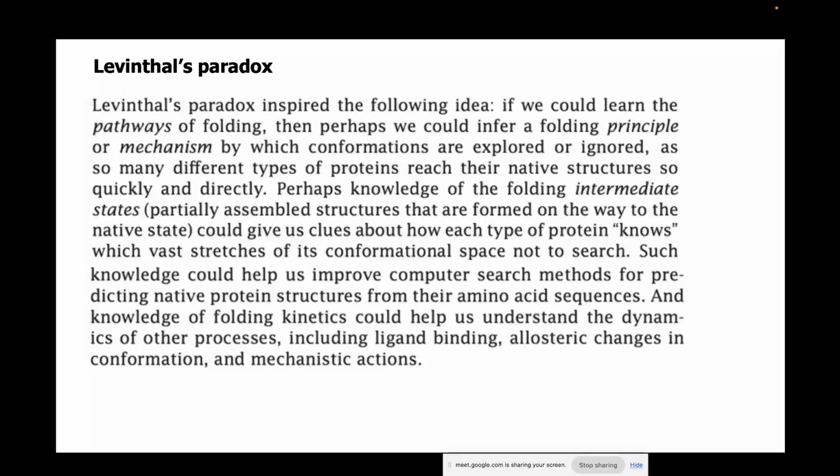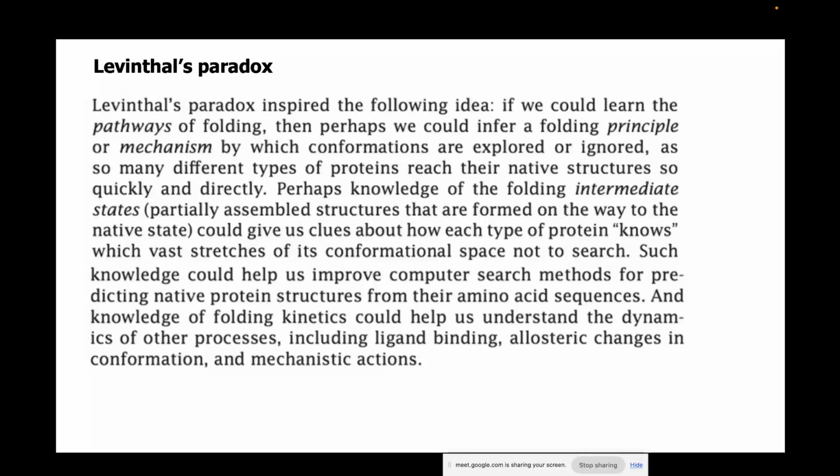So if you can determine the mechanism by which a protein folds, you can determine several other interactions the protein makes, for example between a ligand and an enzyme, between DNA and a transcription factor, and allosteric changes in conformation in enzyme kinetics as well, right?